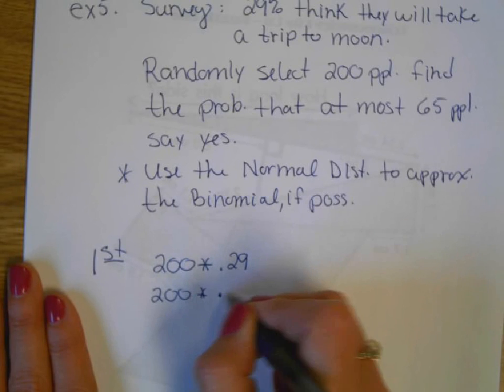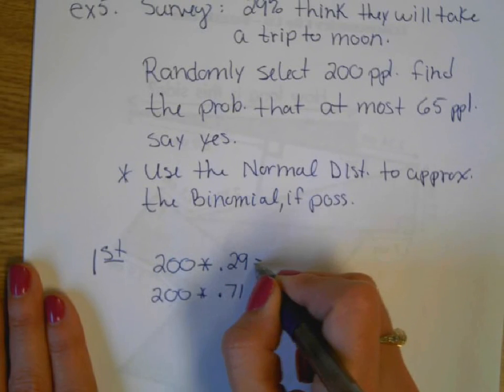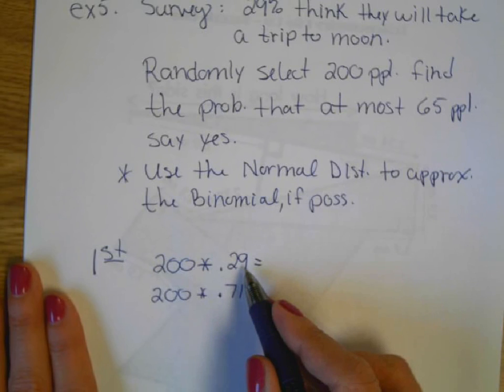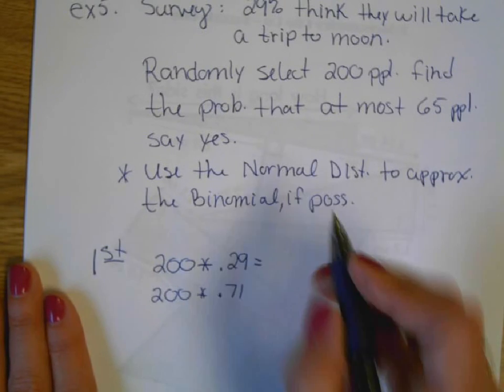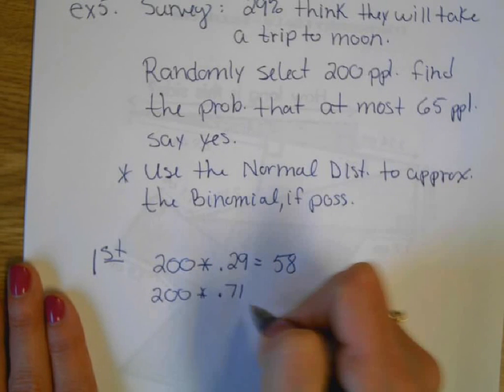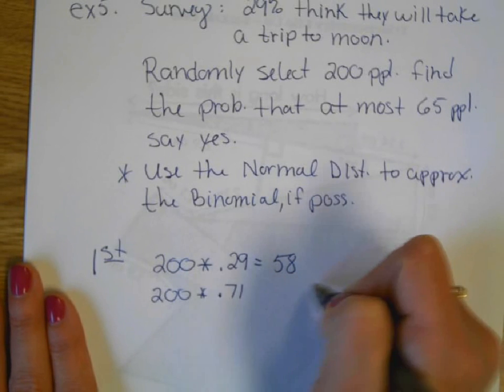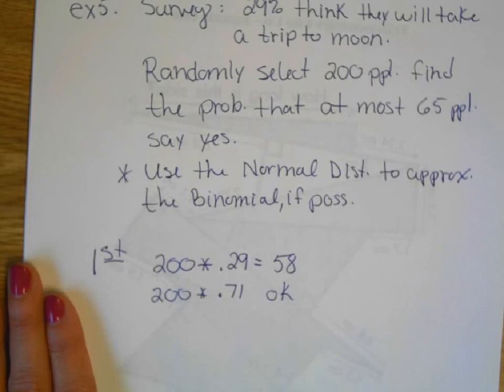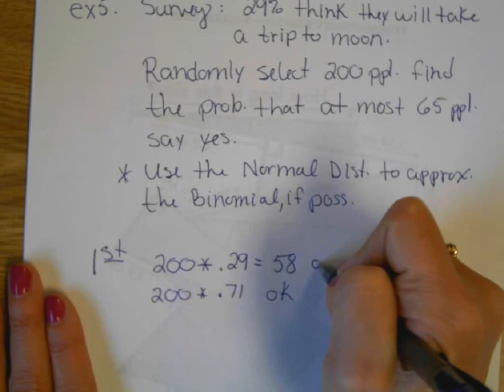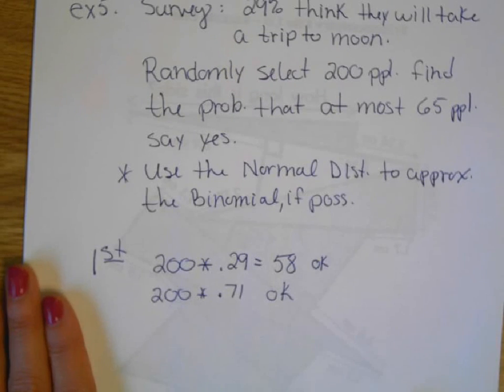And then q would be 0.71. I really only have to check the smaller one. What's this number equal to? 58. So this is going to be okay. So yes, let's move on. They're both okay because they're both greater than or equal to 5.